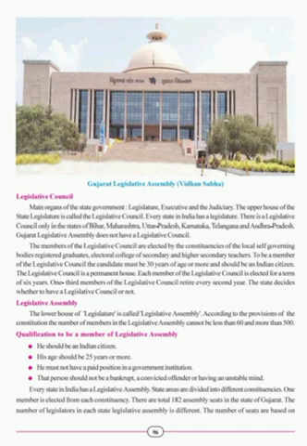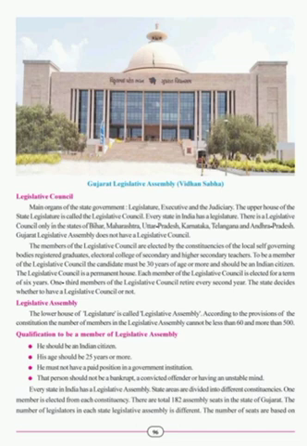Students, the upper house of the state legislature is called the Legislative Council. The members are elected by the constituencies of the local self-governing bodies, registered graduates, electoral college of secondary and higher secondary teachers. The candidate must be 30 years of age or more, and he or she should be an Indian citizen.